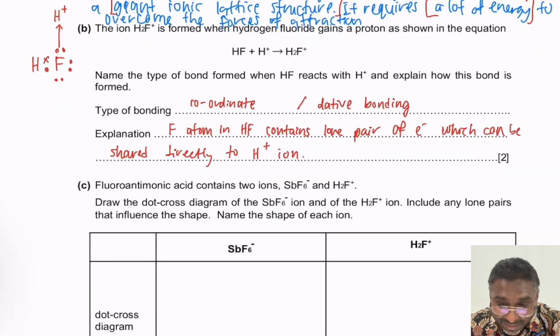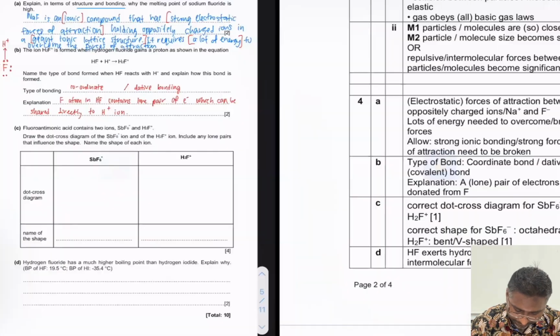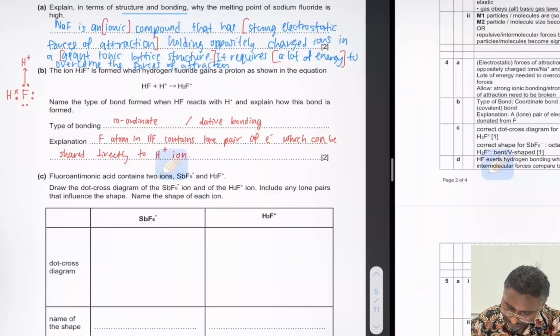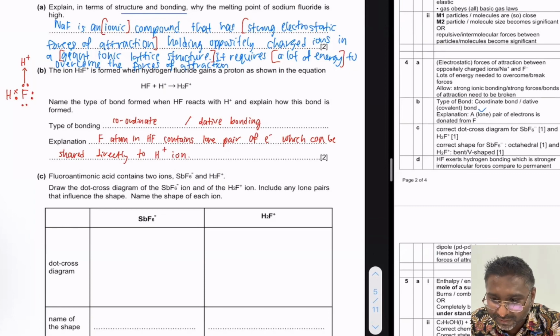This is my answer. Let's check with the answer scheme given. Type of bonding: coordinate bond or dative covalent bond. So there must be dative here, even though you mention it's covalent. Just because the word covalent is there, do I give the mark? No, it doesn't work that way. It must be dative or dative covalent bond.